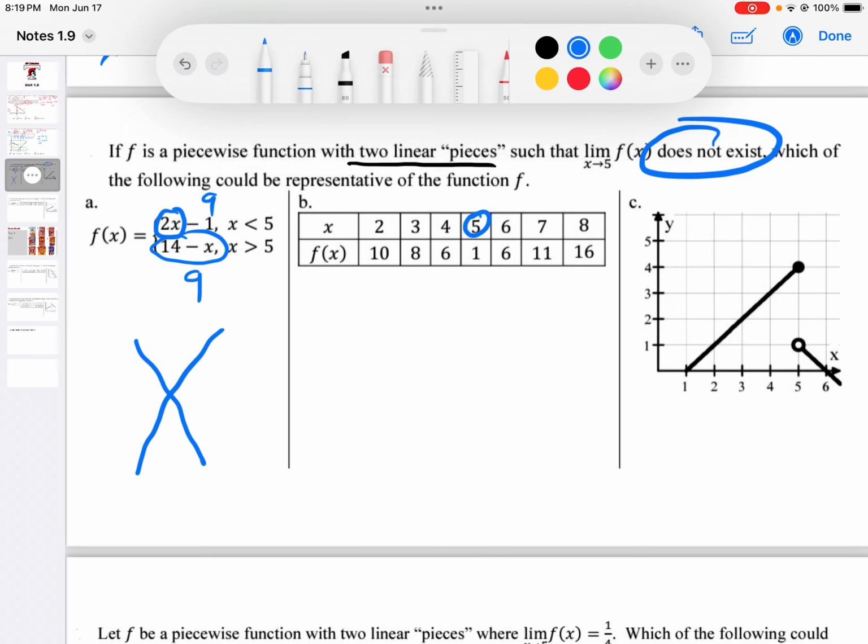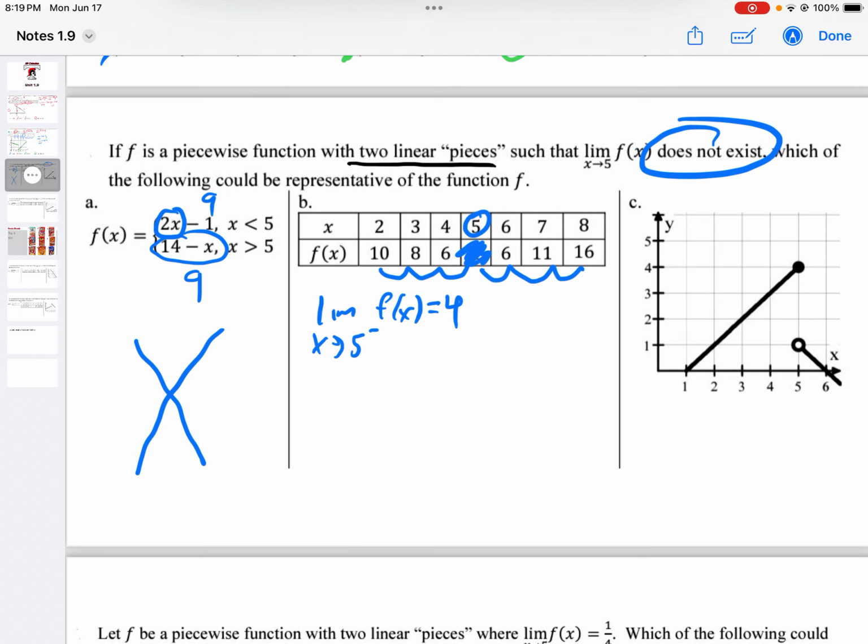All right. Tabular, looking at the table. Looks like the pattern's going down by 2 each time. So down by 2, down by 2, down by 2. So from the left, I don't care what it is at 5. But the limit as x approaches 5 from the left of f of x, that looks like it's going to be 4. This one's going down by 5, down by 5.